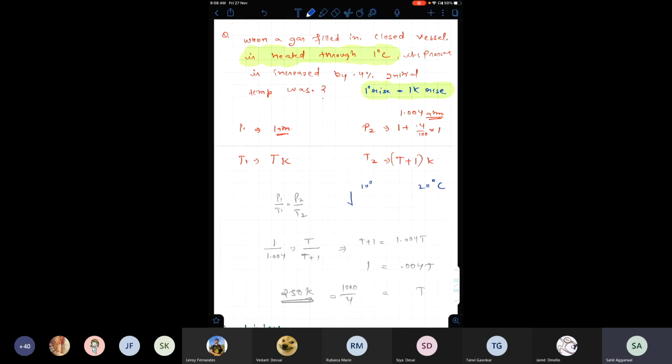If you convert it, 283 to 293, we have a 10 rise. So the rise in temperature remains the same, whether it is degree or Kelvin. But this formula is only for Kelvin, so I used Kelvin here. Understood?